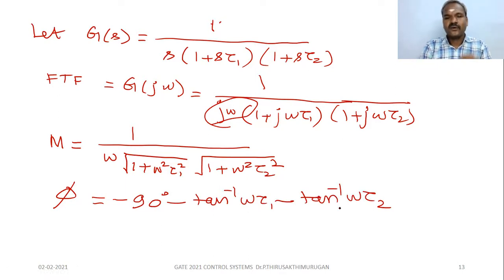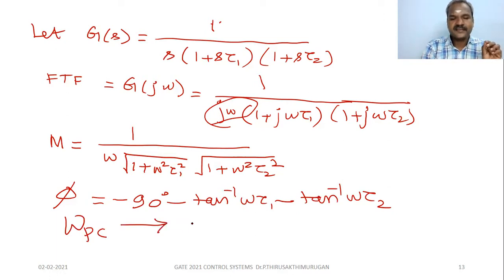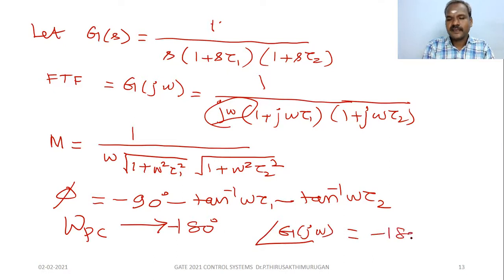Okay, so what is called omega PC? First we consider the phase crossover frequency. What is omega PC? The frequency at which the phase angle is minus 180 degrees. That means the phase angle of G(j omega) equal to minus 180 degrees.